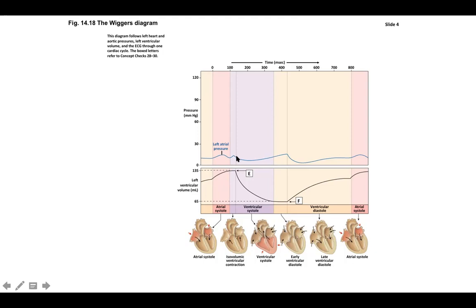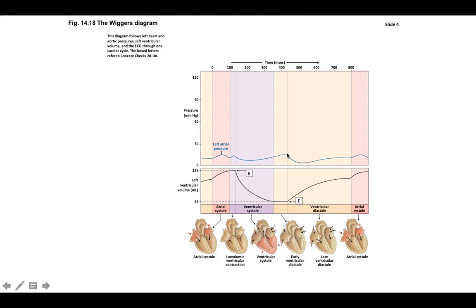During ventricular systole, again, during the ventricular ejection, when blood is leaving the left ventricle, you don't really have much in the way of change in the left atrium. There's a fairly low pressure within that chamber, and you'll actually see that low pressure rises slightly because blood is entering the atrium, but it doesn't ever rise significantly.